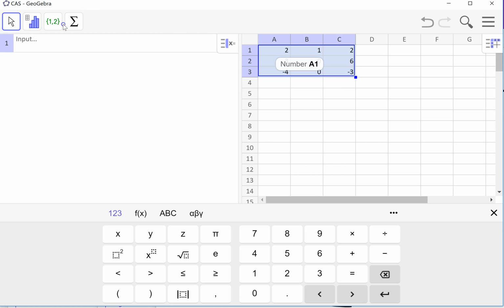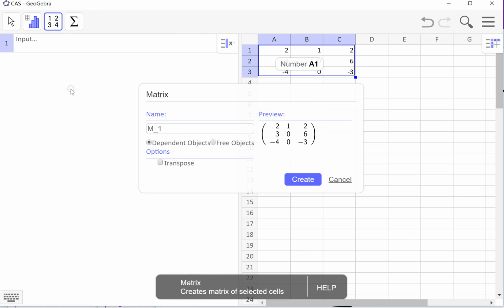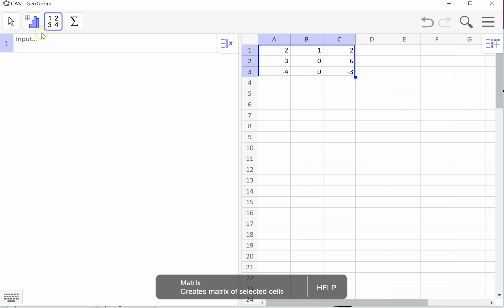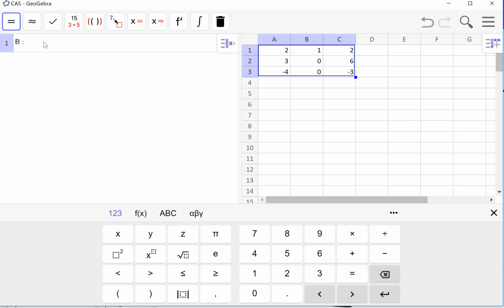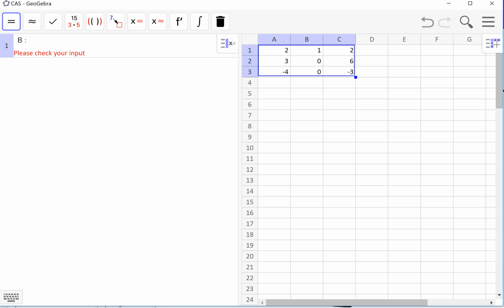And we'll go over here and tell it to define a matrix. We'll call it A. Define a new matrix B to be A minus x times the 3 by 3 identity.